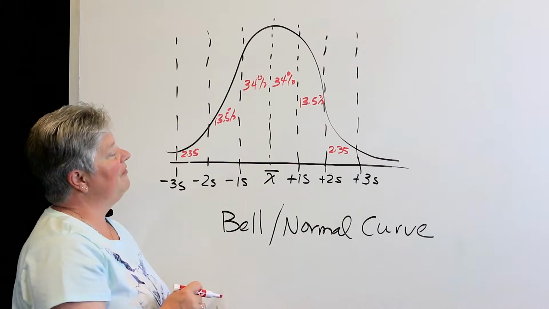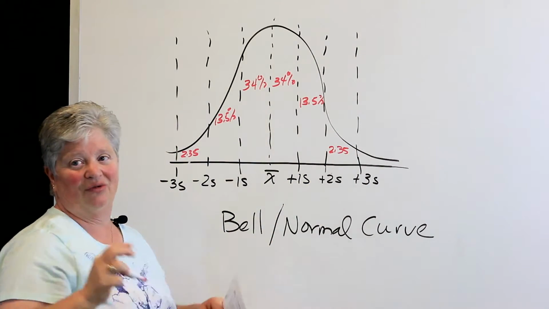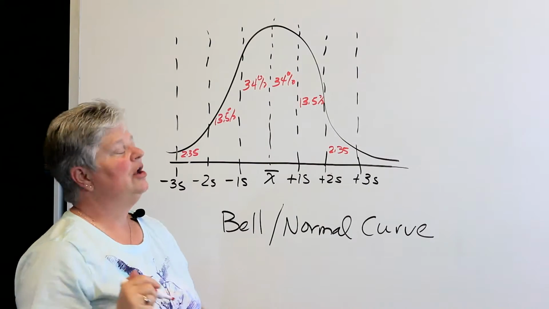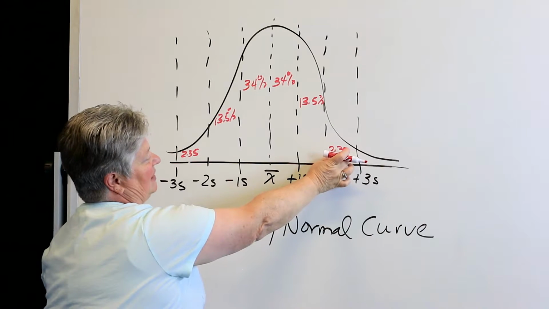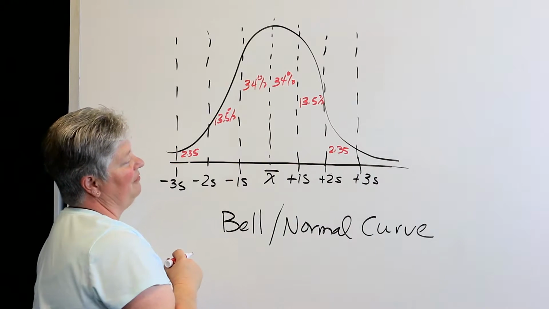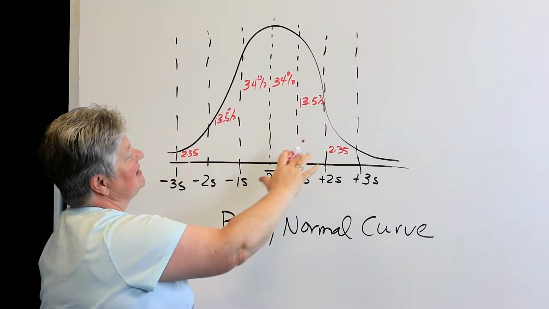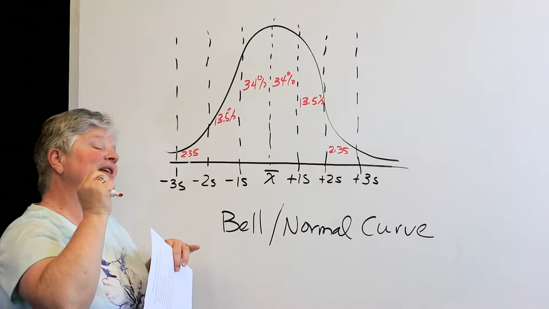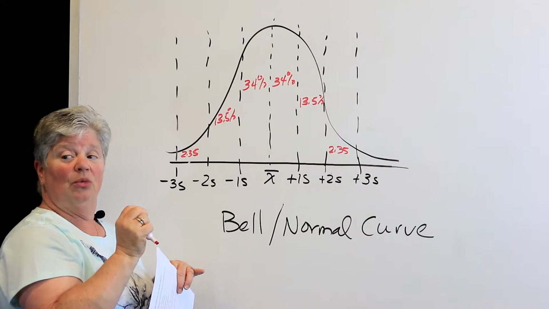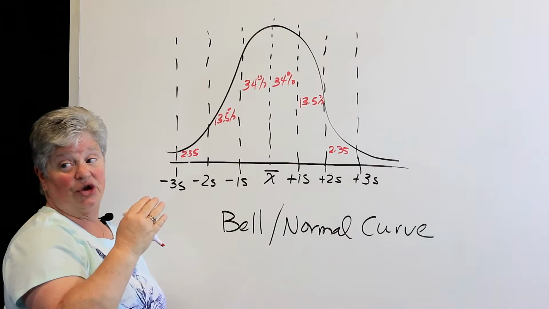The 2.35 allows us to look at some data that might be what we consider an outlier. So you're either going to see this as 2.35 or 2.5. So what it's really saying is that if our data truly forms a normal curve, these percentages are what our data shows us.